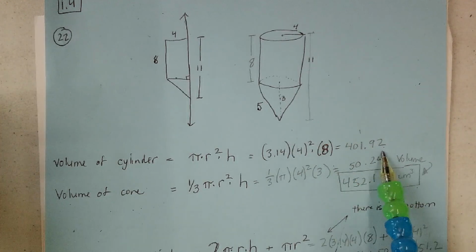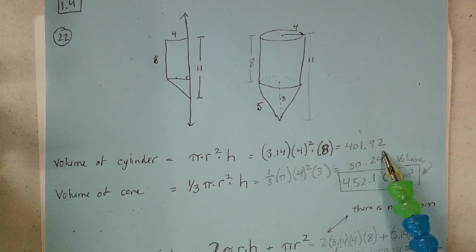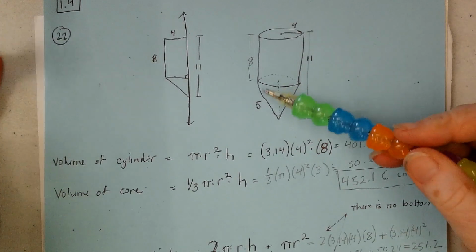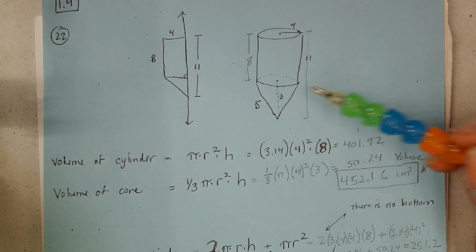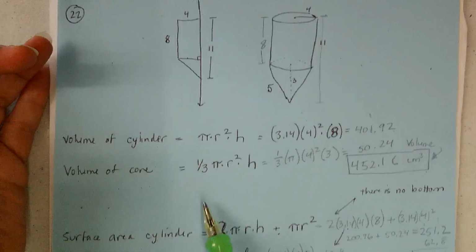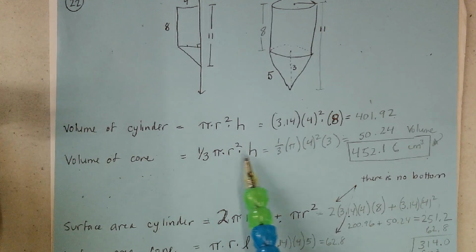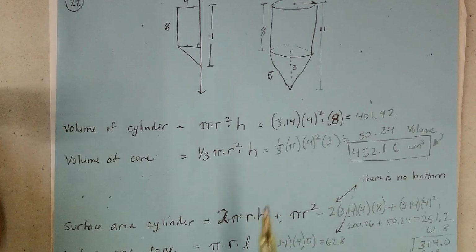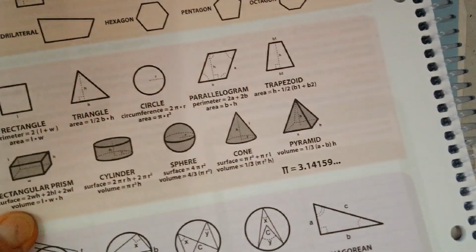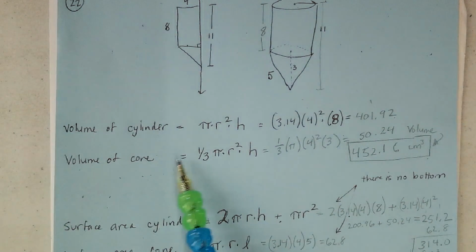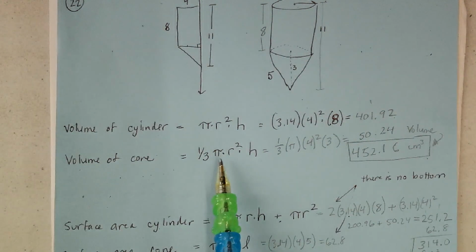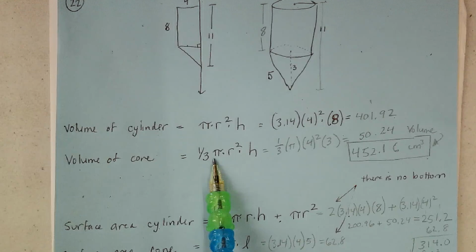I got the volume, but I'm not done, because this whole shape also has this pointy part on it, so I have to add that up. I got one third times pi, and remember I got this right out of the formula sheet. I'm going to use 3.14 for pi.